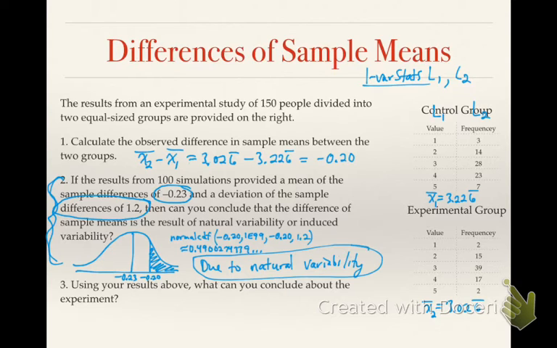So using results from above, what can you conclude about the experiment? Well, you can conclude that the control group had about the same results as the experimental group.